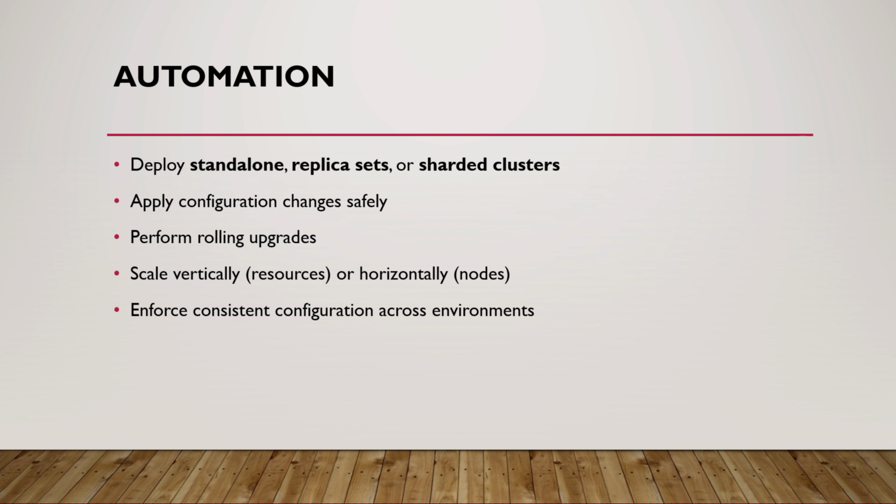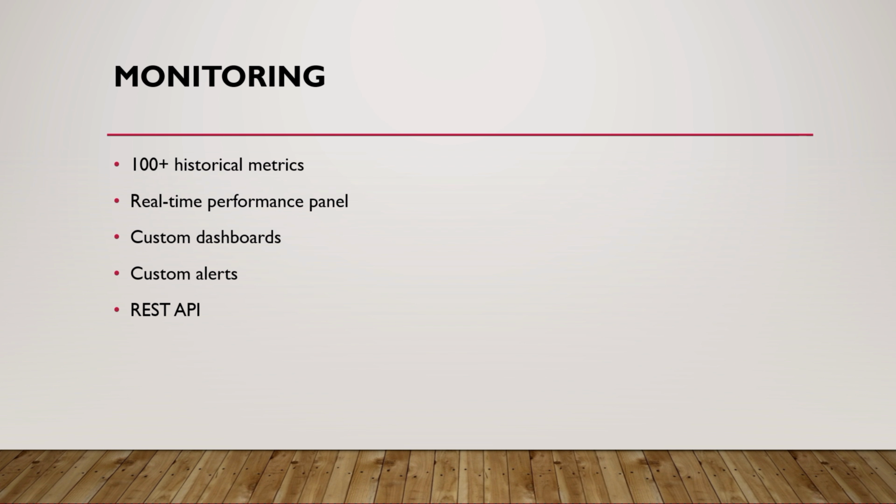Enforce consistent configuration across environments. Automation drastically reduces manual operation overhead. Monitoring. Ops Manager provides 100-plus historical metrics like CPU, memory, I/O, logs, connections, query latency, and plenty more.